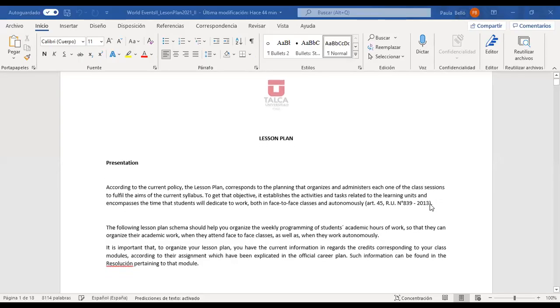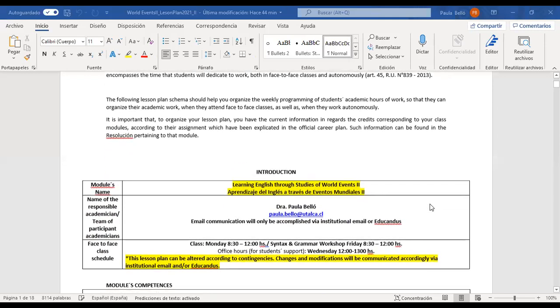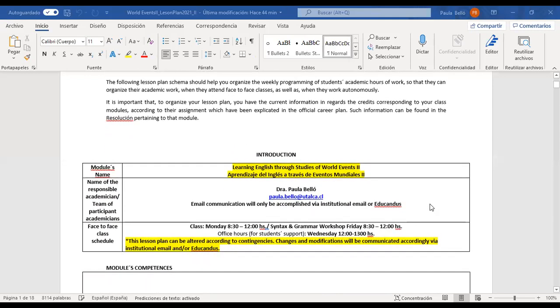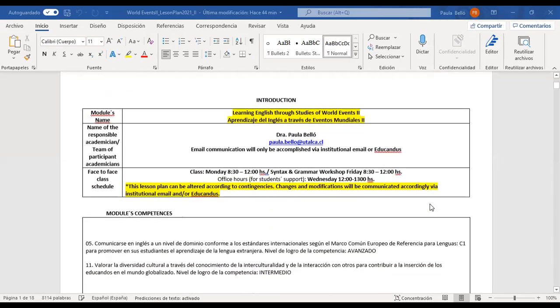So you already know the lesson plans I prepare. They are complete and very illustrative of what we are doing each week and how we develop the different elements or areas of knowledge.